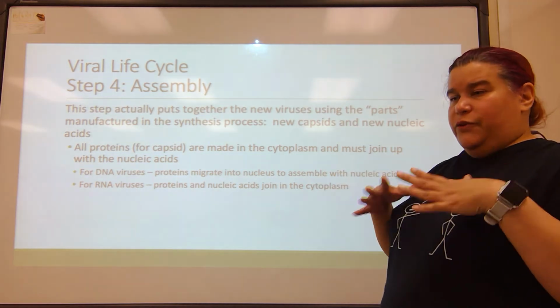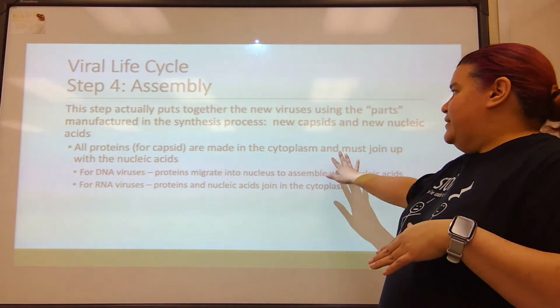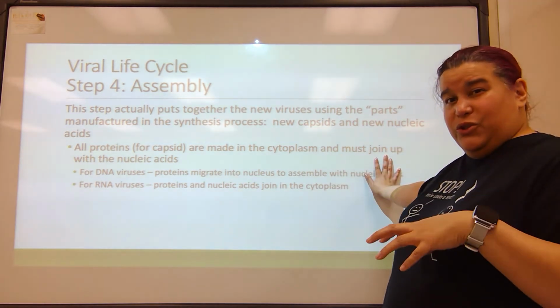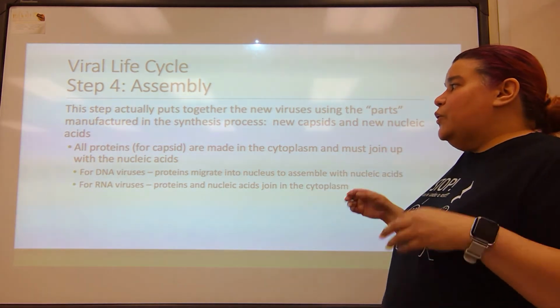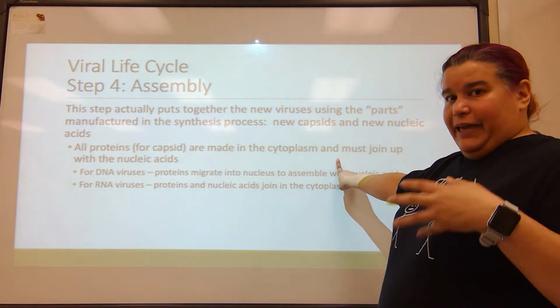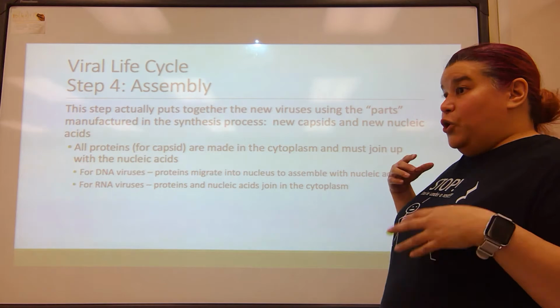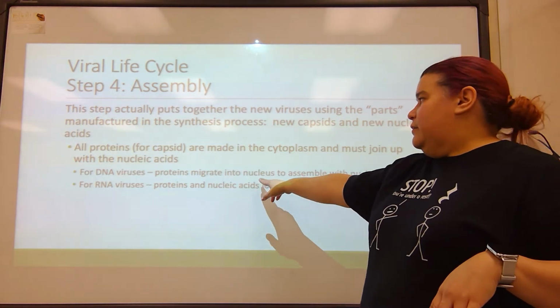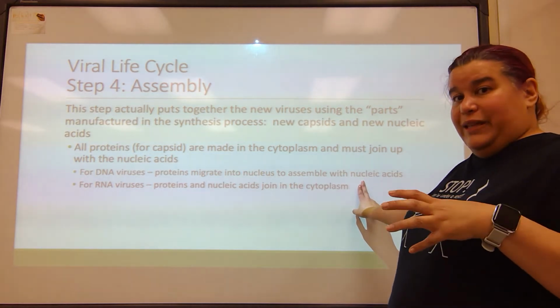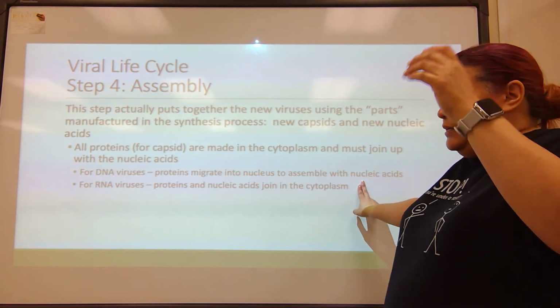All of the proteins for my capsid are made in the cytoplasm and they have to join up with those nucleic acids. So for DNA viruses, the proteins that I'm making my capsid out of have to go into the nucleus first, and then they get assembled with the nucleic acids inside of the nucleus.